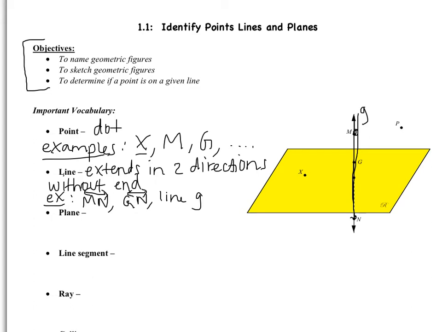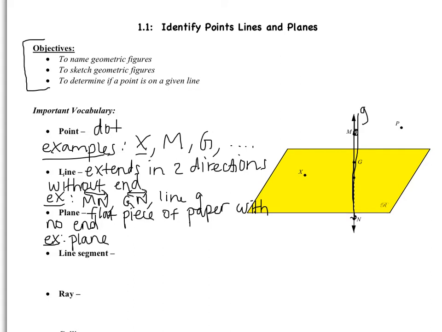Okay, a plane is like a flat piece of paper with no end. Okay, so it's like you took a piece of paper, but then you continued it in all directions. Okay, for this one, you do have to write plane, and then you choose 3 points on that plane.